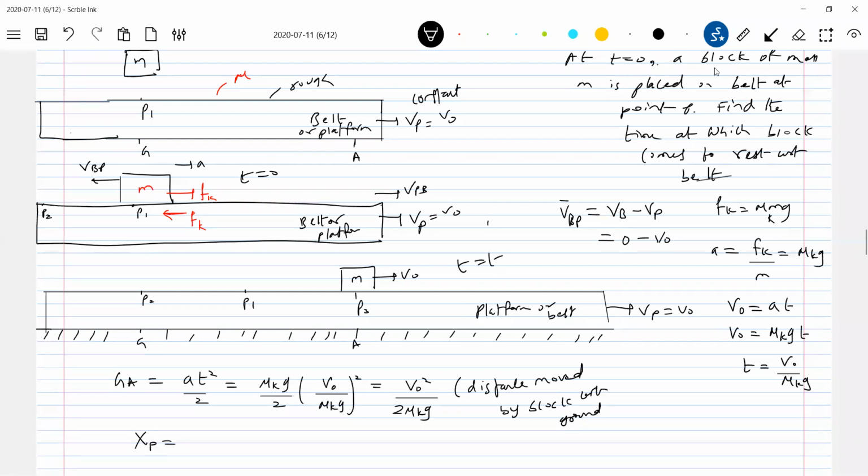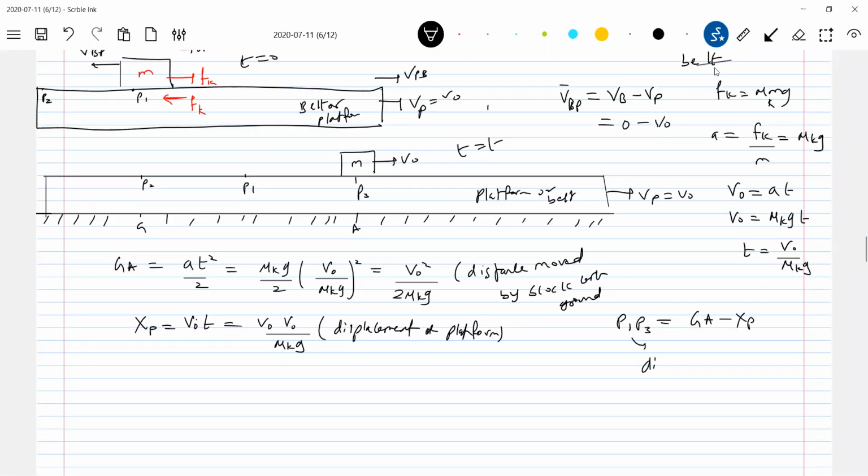Its velocity is constant, it will not accelerate, so it is V naught into T, which is V naught square by mu k g. So the distance P1, P3 should be equal to GA minus the displacement of the platform, XP. What is P1, P3? The distance moved by the block with respect to the platform.